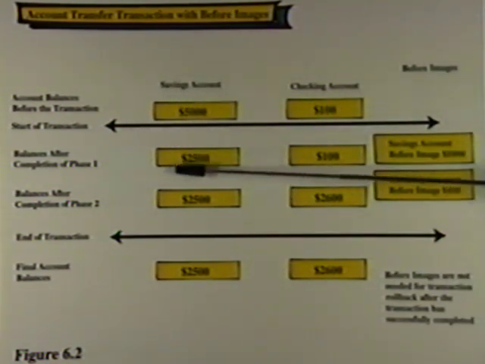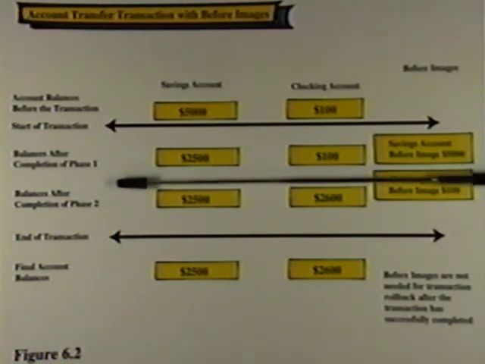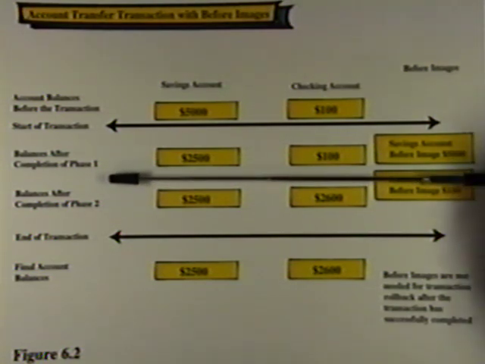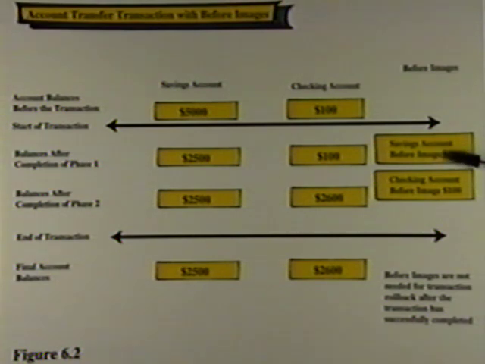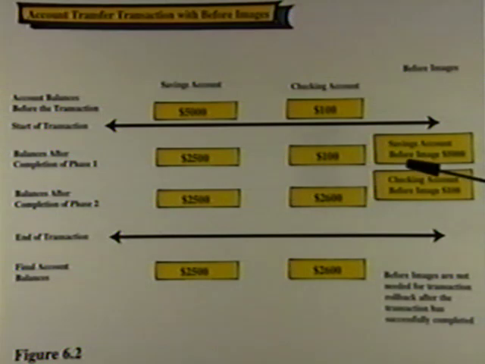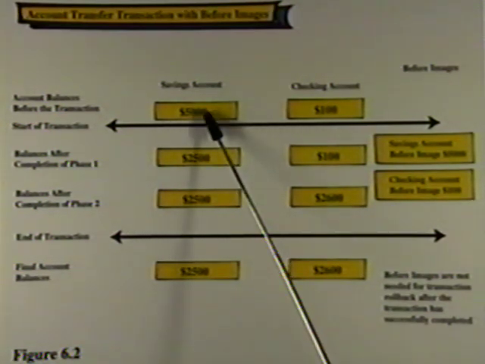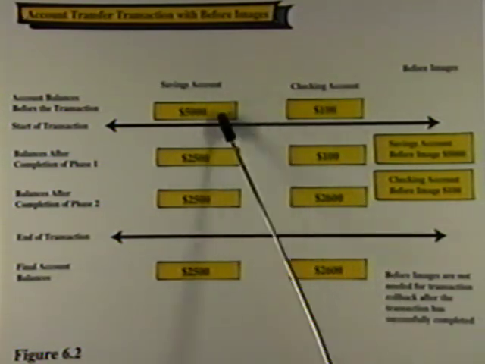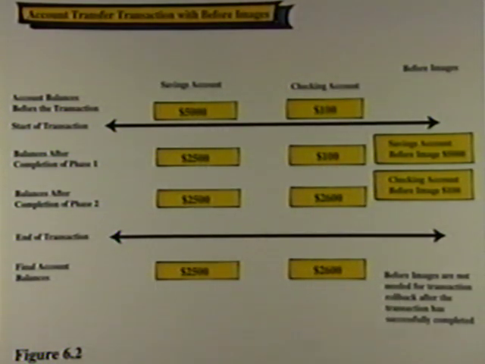Okay, so if the transaction was incomplete after this point, we would use the before image of the savings account to roll back that transaction to a more consistent state. We would essentially be rolling it back to the 5,000 and the 100.